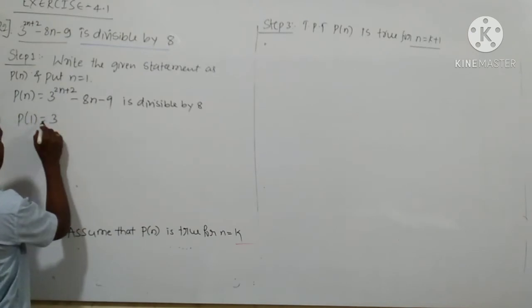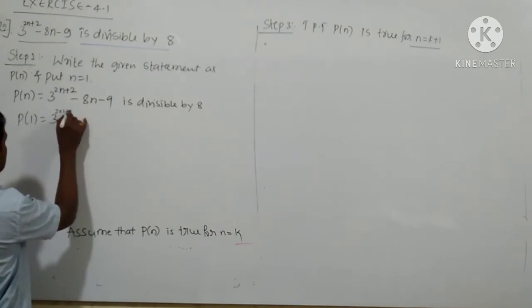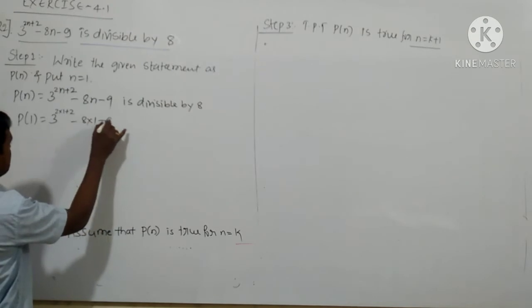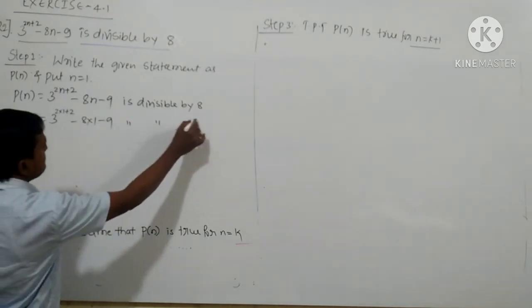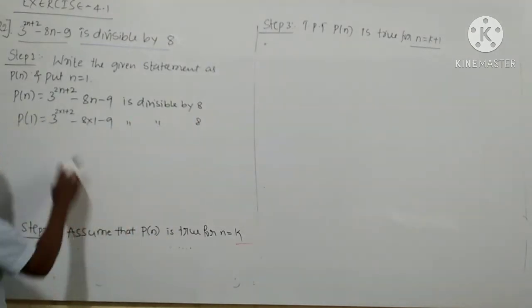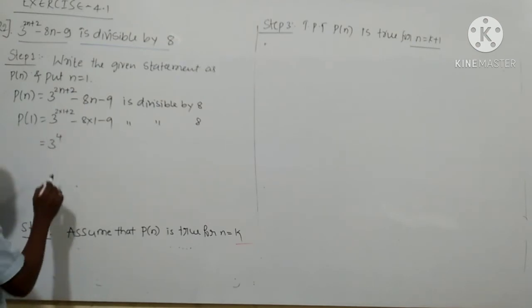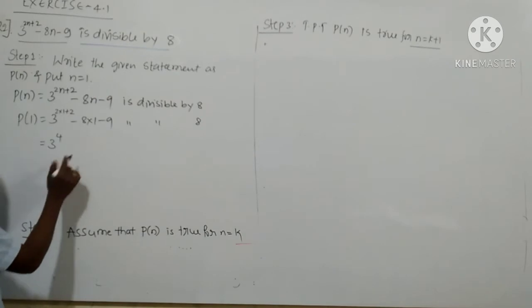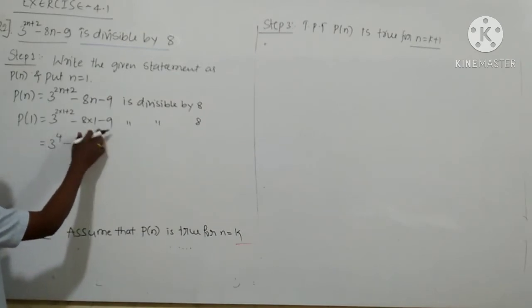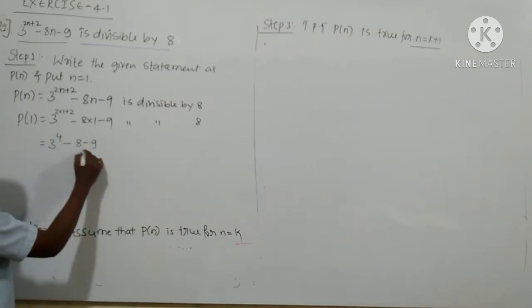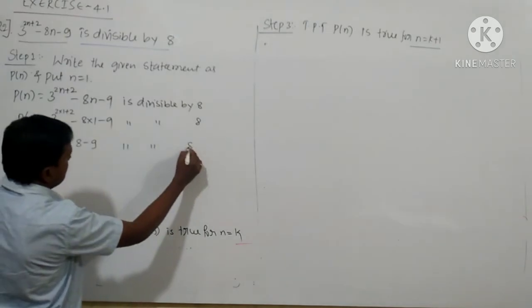So 3 to the power 2 into 1 plus 2, minus 8 into 1 minus 9, is divisible by 8, we have to prove. So clearly this becomes 3 to the power 4 minus 8 minus 9 is divisible by 8.